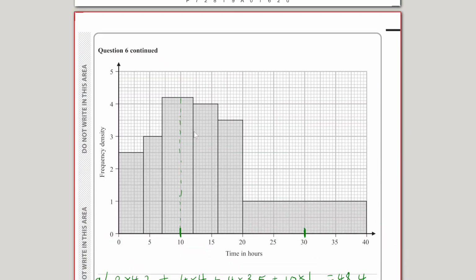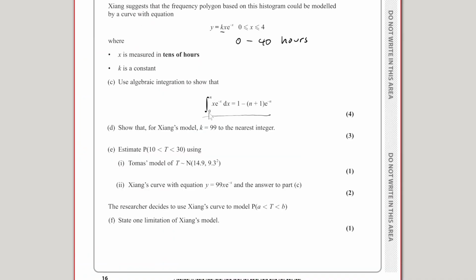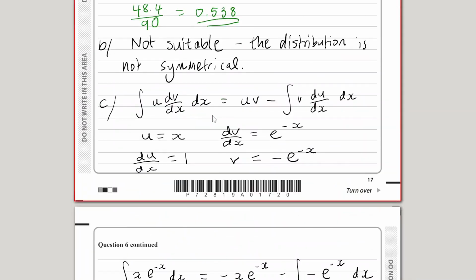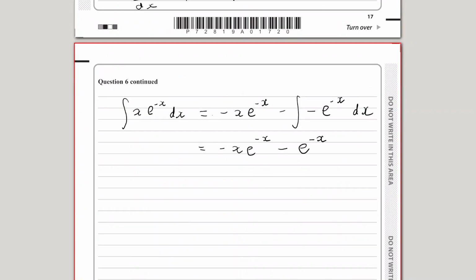Then we've got to put in our two limits, 0 and n. So substituting n, substituting 0, and take them away. So minus n e to the power of minus n, minus e to the power of minus n, minus 0.